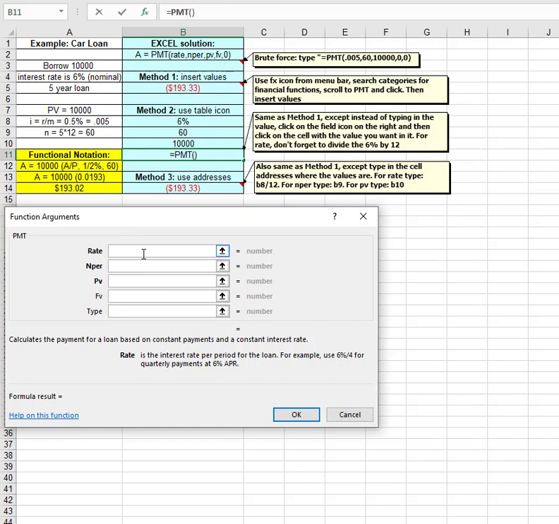So for this first one, I'm clicking on 6%. It gave me B8. I'm dividing that by 12 in the formula bar. N per is 60. I click on that cell. PV is 10,000. I click on that. And now it has loaded all the numbers and I get my payment of 193.32.